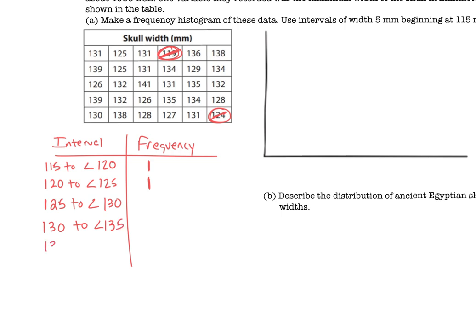Then we'll pick up with 135 to less than 140. And then finally, because the highest data point that we have looks like it's going to be 141, if I'm looking at it correctly, we need to go one more class here. We need to go 140 to less than 145.